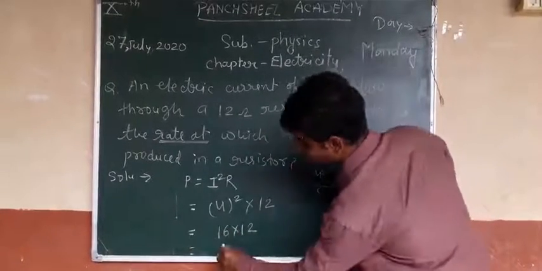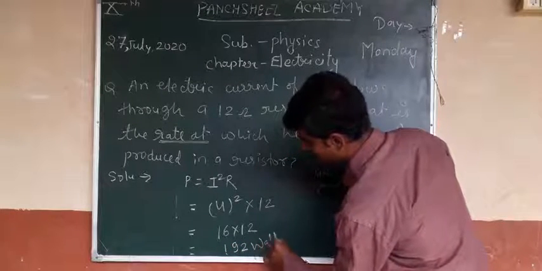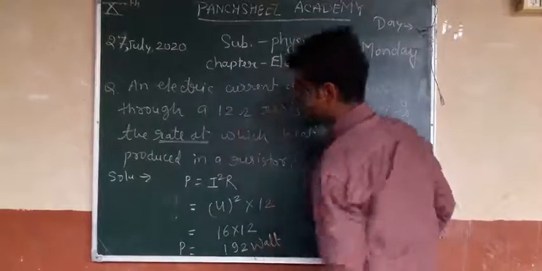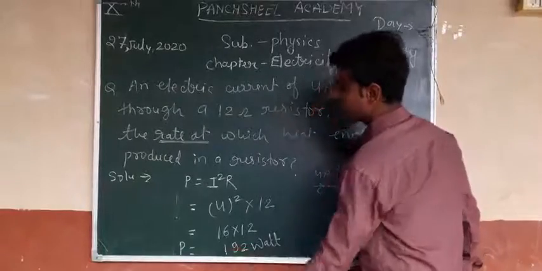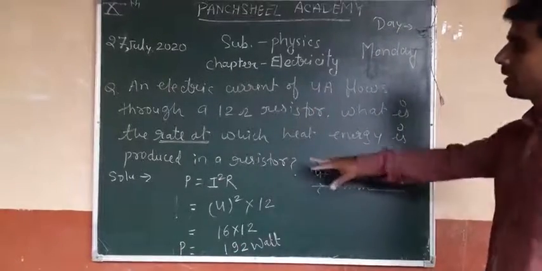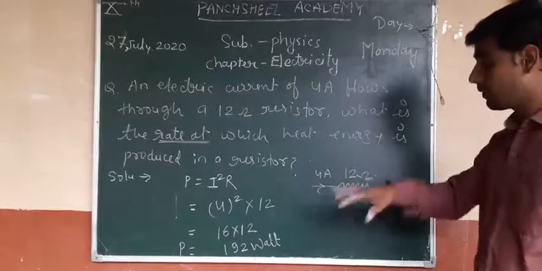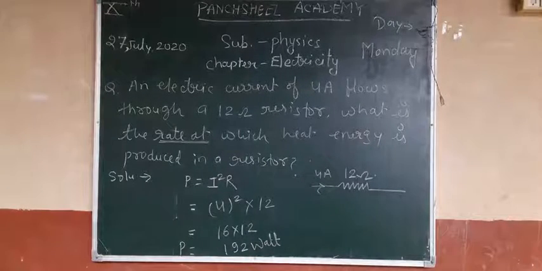Okay, so you can get 192 watt. This is the value of electric power. 192 watt. This is the rate at which electric energy or heat energy is produced in a resistor. Okay, 192 watt. Write this numerical and its solution.